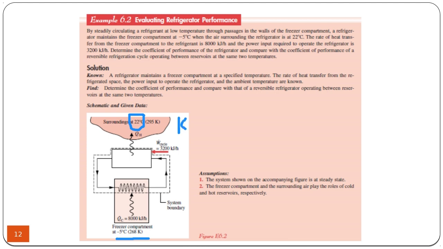Let's assume that this is the kitchen, the back of the refrigerator, and this -5 is inside the refrigerator. And in order to remove heat from a colder reservoir to warmer reservoir, we have to add work to it.